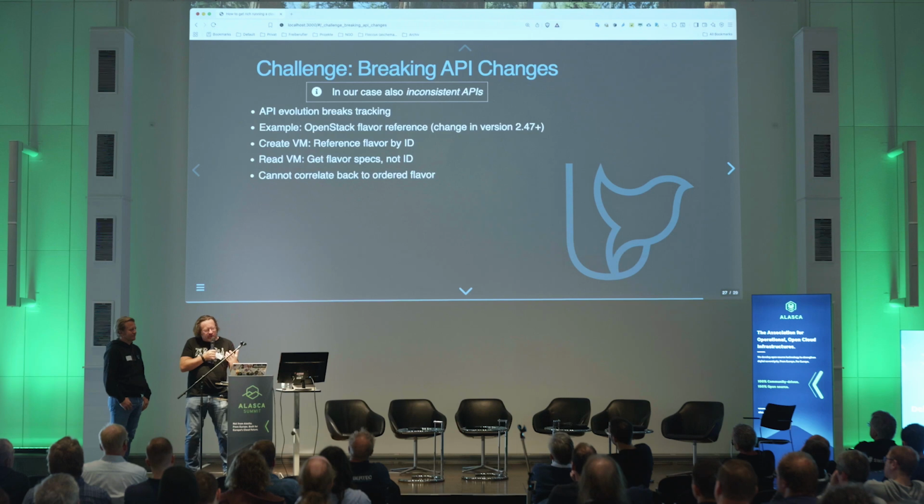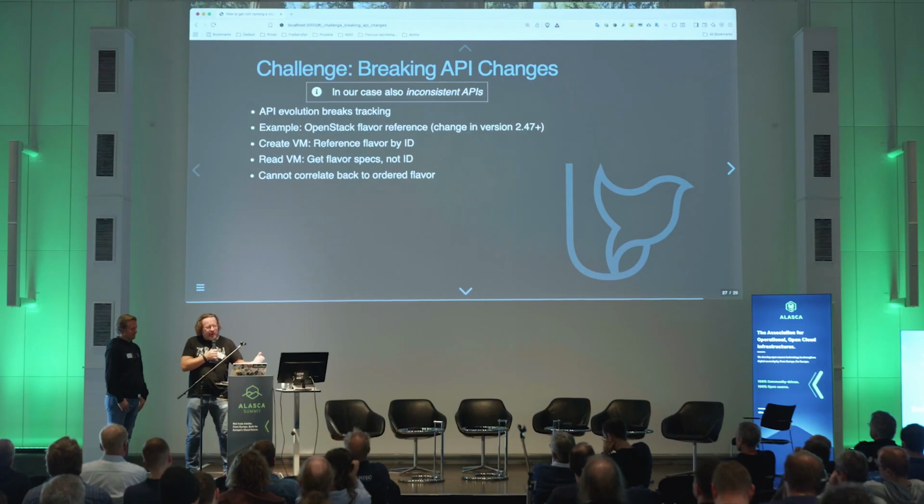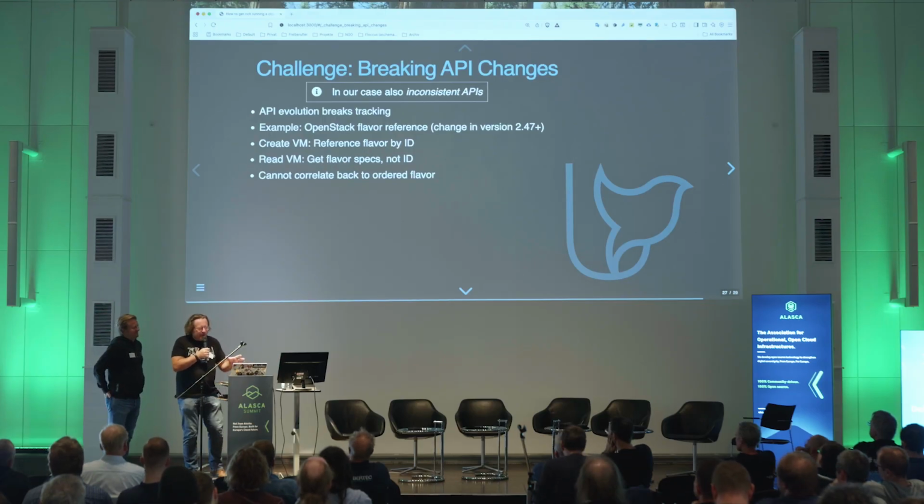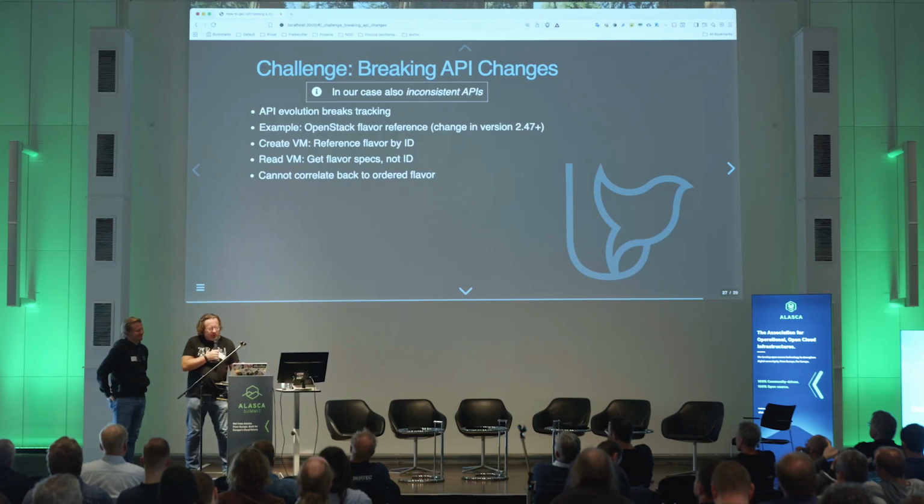From my point as an API consumer, it's some inconsistent API. I would expect that the same data I put into a resource or into an API, I get also back from it. This was a long time ago, and there are good reasons to do it this way, so I will not criticize it, but this is something we have to cope with during the implementation.